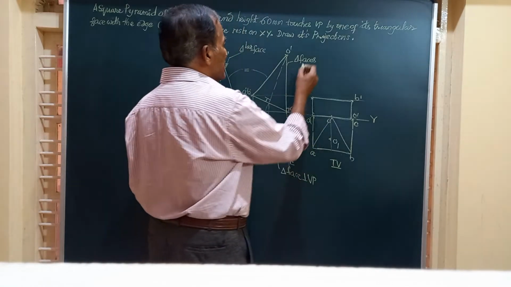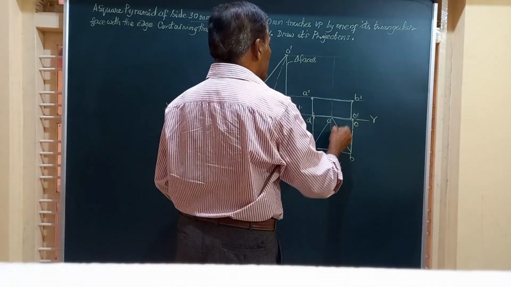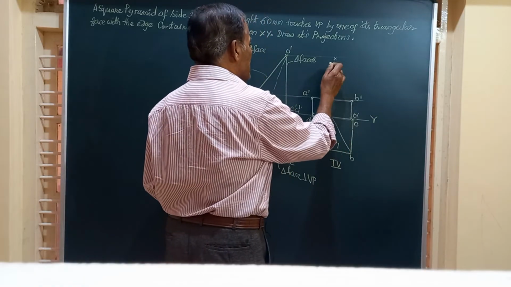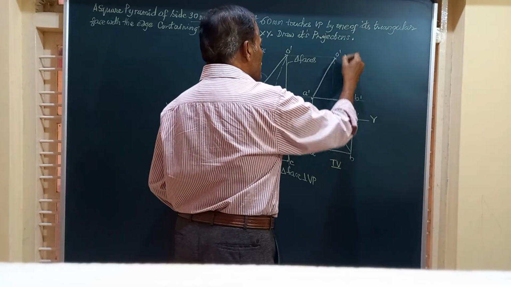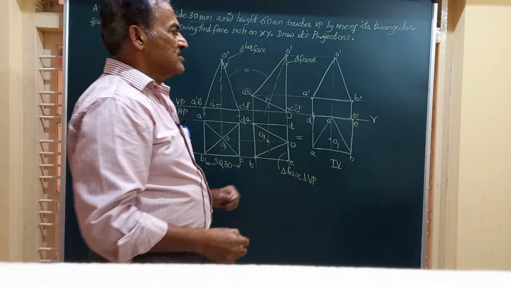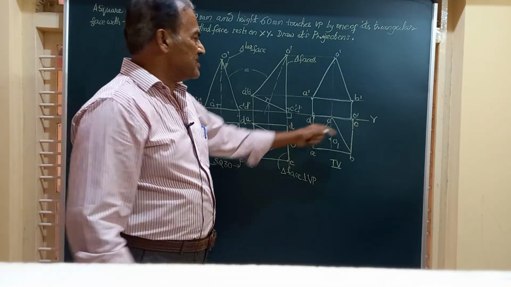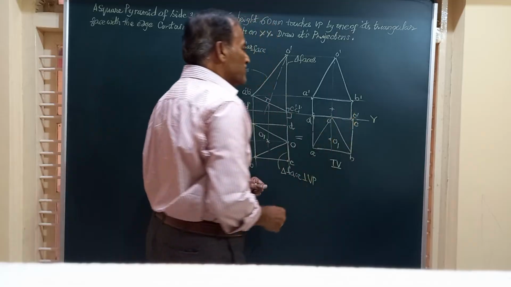Friends, you got O here. Draw a horizontal line from O, a vertical line from here, and you have to join that to A dash: O dash to A dash, O dash to B dash. And friends, you know very well, this base is completely visible to the observer in the front view.